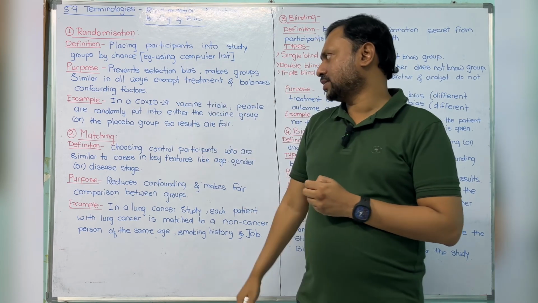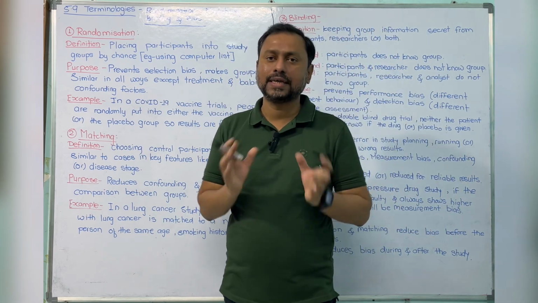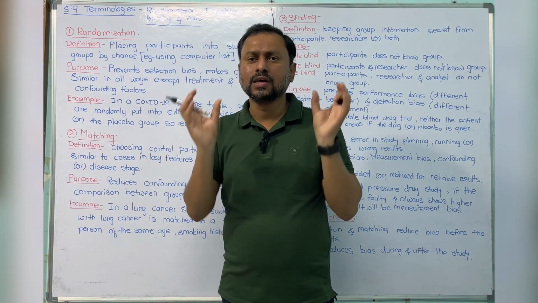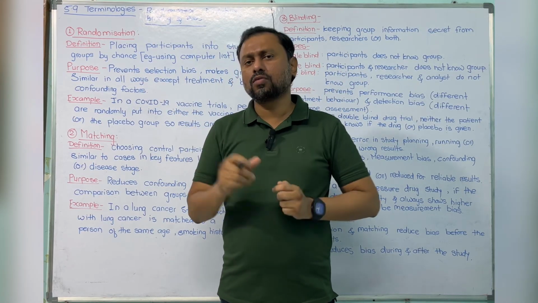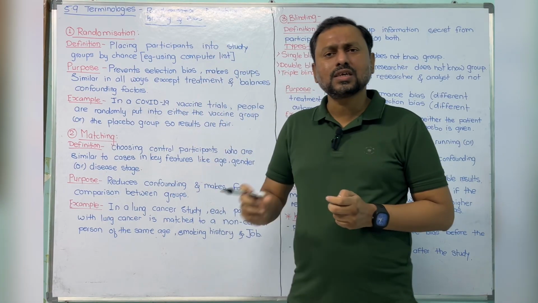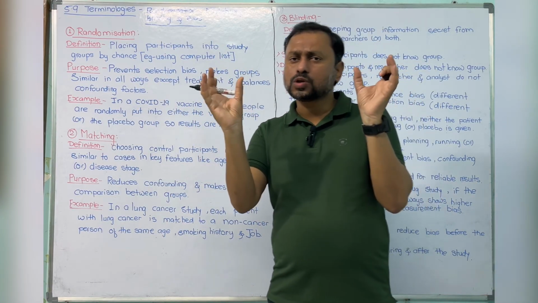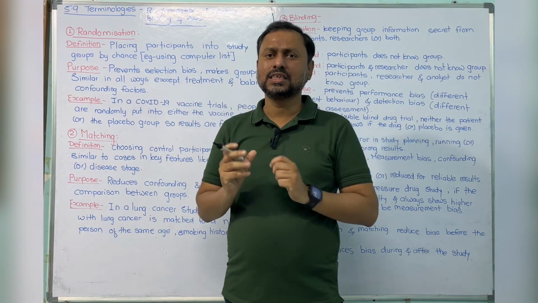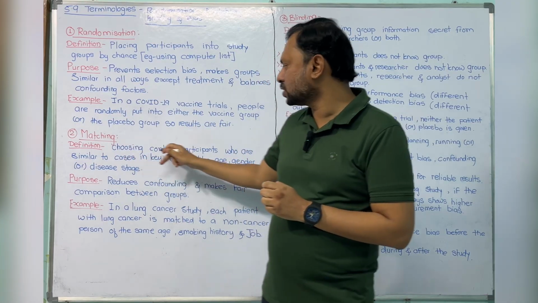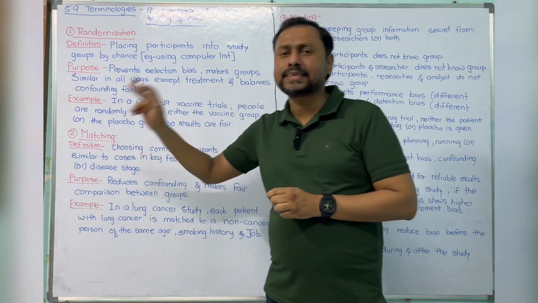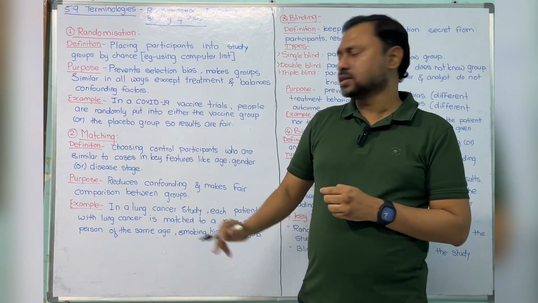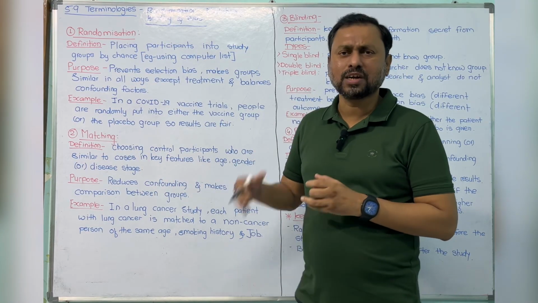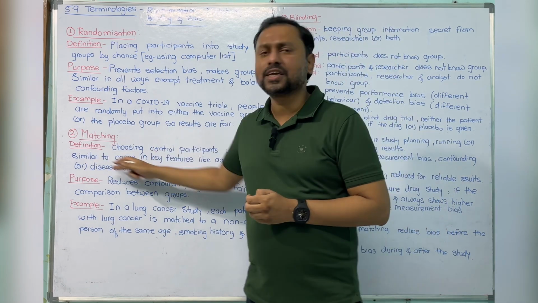This is called randomization. Next, the second term is matching. Matching means equal similarity should be there in the groups. Whenever we make two groups in research, those groups should be similar. Matching is choosing control participants who are similar to the cases in key features like age, gender, disease, or lifestyle. If you select males, then in both groups males should be there.